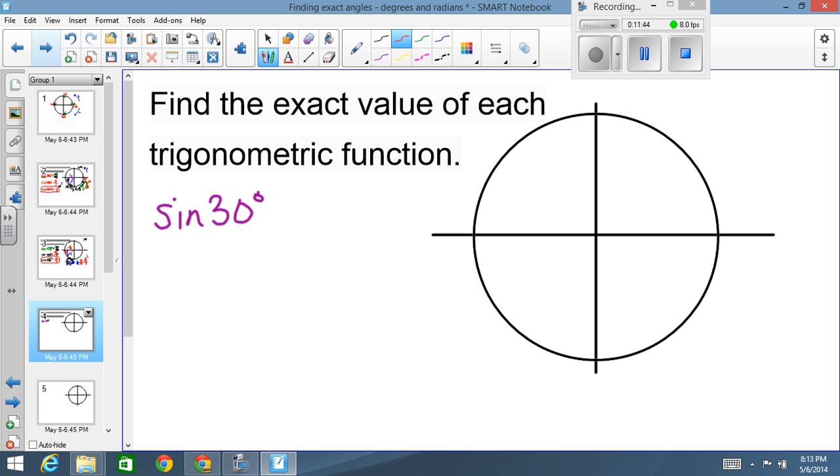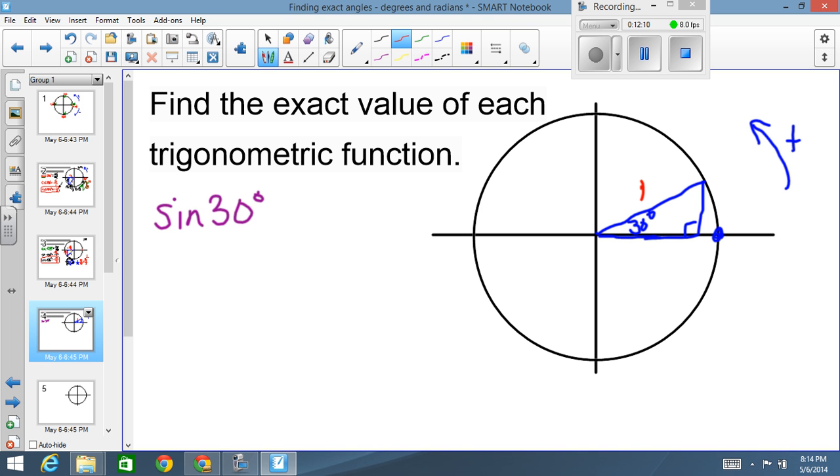Alright, sine of 30. 30-degree angle. Starting here, positive goes this way, 30 degrees. Okay, dropping down to my x-axis, right there. Hypotenuse is 1.